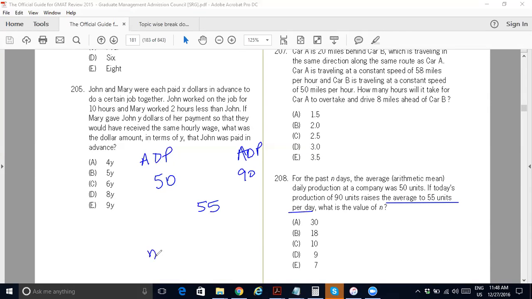This is for n days. This is for 1 day. This is 5 and this is 35. That is 7:1. That means if 1 corresponds to 1, n should correspond to 7. So that means E is your answer.